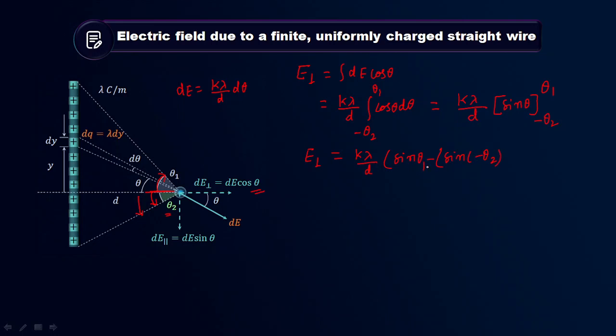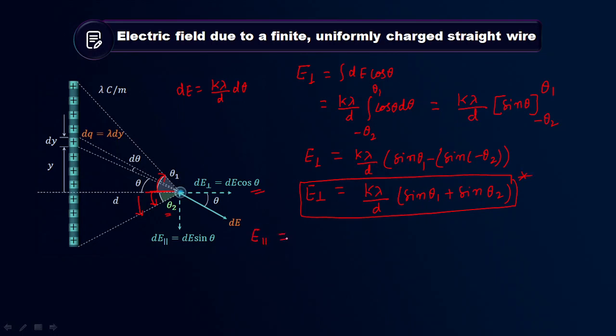And we know that sine of minus theta is minus sine theta. So we can write it as k lambda by d into sine theta 1 plus sine theta 2. So this is the electric field's perpendicular component, the component of the electric field which is perpendicular to the wire. Very important formula.